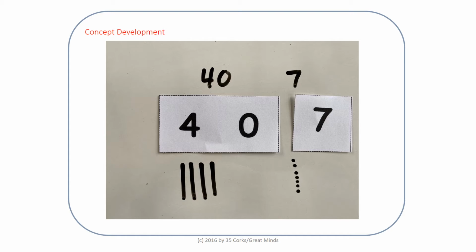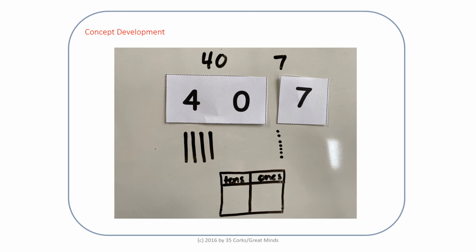How many 10s did we draw? 4 10s. How many 1s did we draw? 7 1s. Now I have a place value chart on my board. I want to fill in the place value chart.